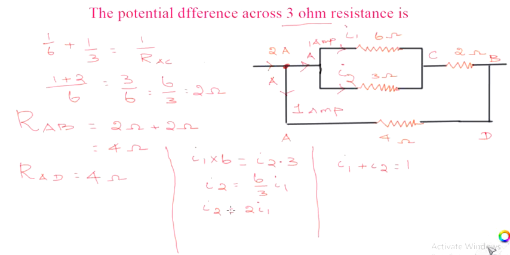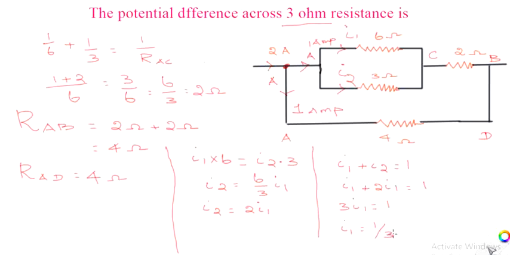If you substitute the I2 value here, I1 plus 2 I1 is equal to 1, or 3 I1 is equal to 1, or I1 equals 1 by 3.